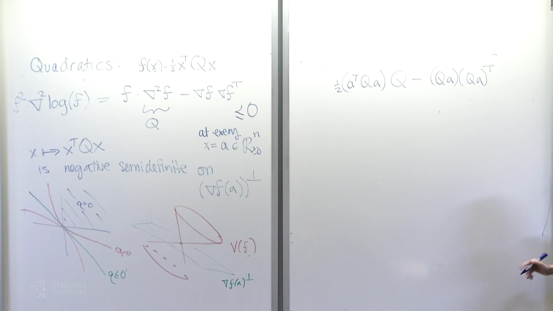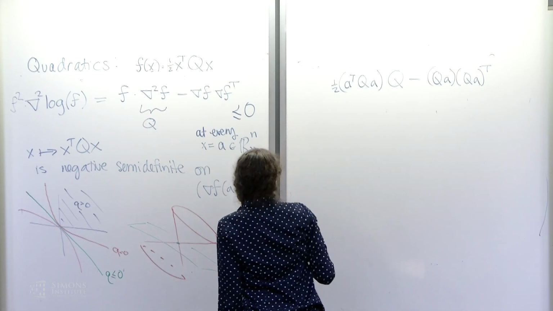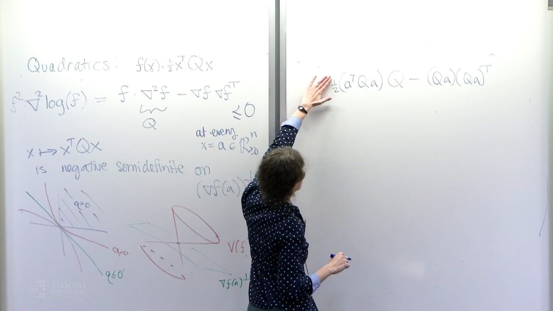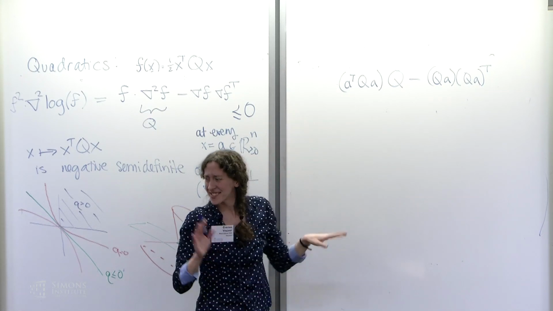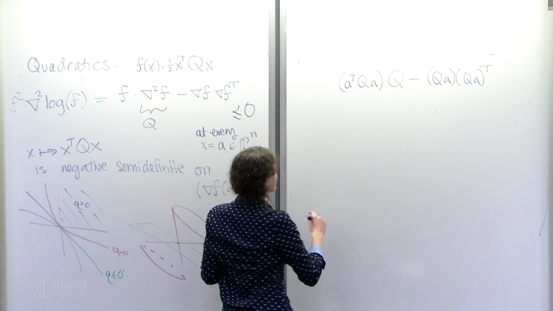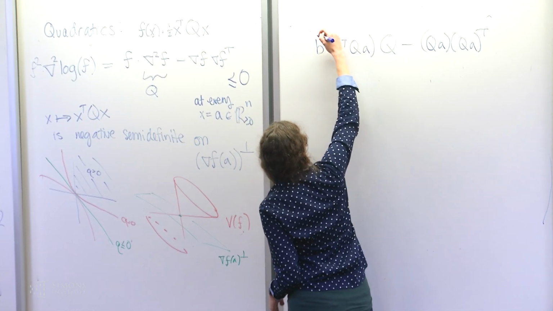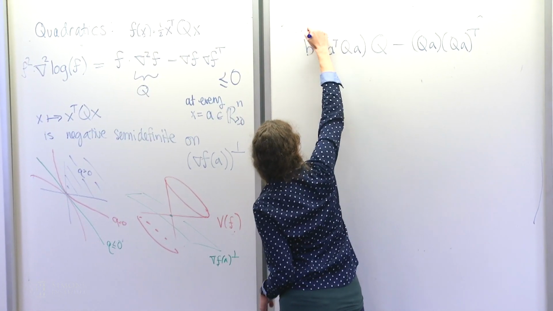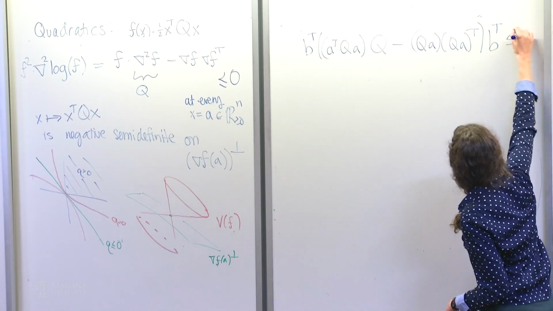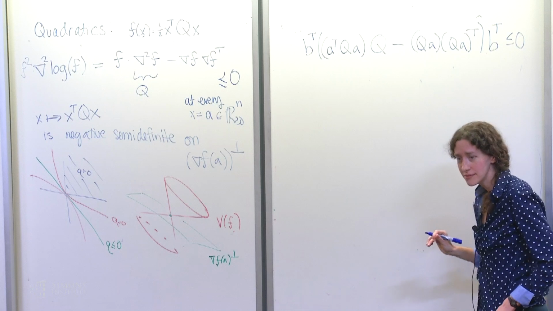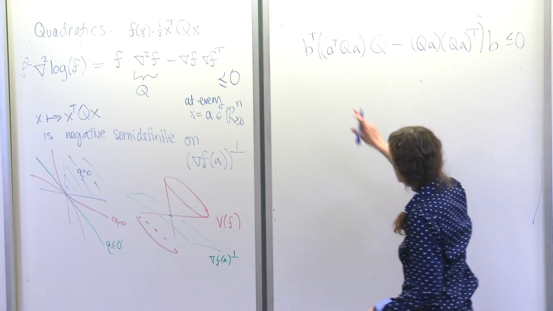There are constants, they don't end up mattering. But I want this to be negative for all choices of B.